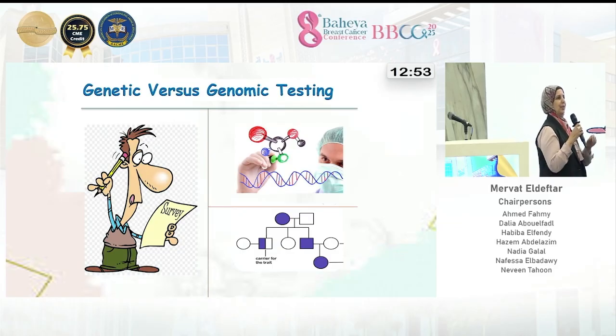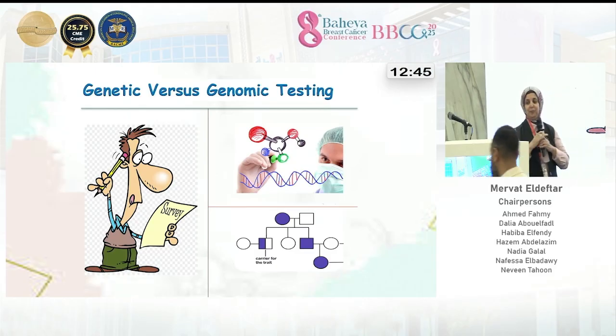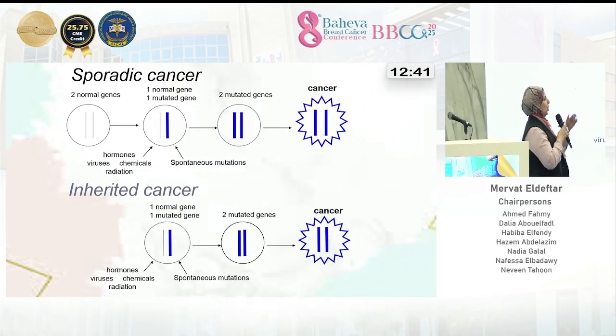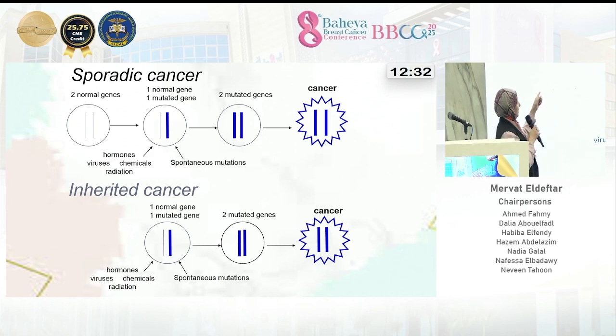We are talking today about genomic assays in breast cancer. So, what is the difference between genetic assays and genomic assays? Most breast cancer cases are born with normal genes. They have no bad genes in their blood.